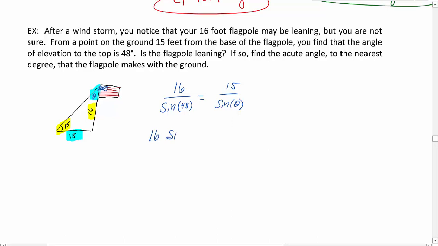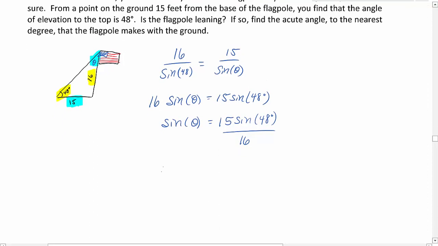We'll cross multiply, and then we'll divide by 16. And to figure out theta, we'll need inverse sine.